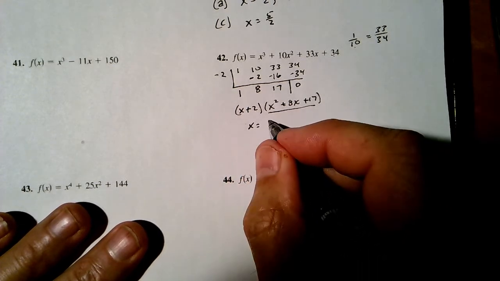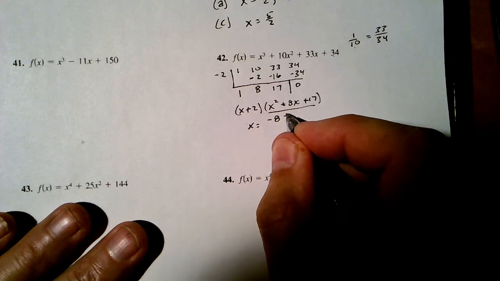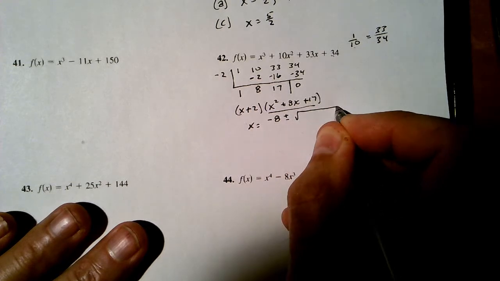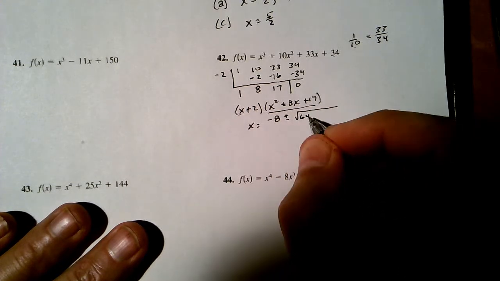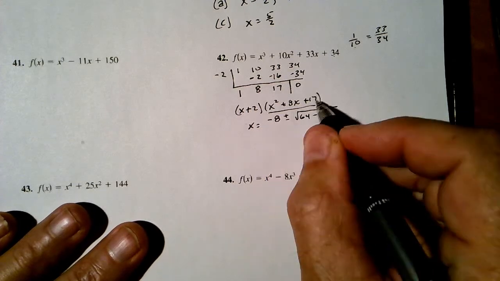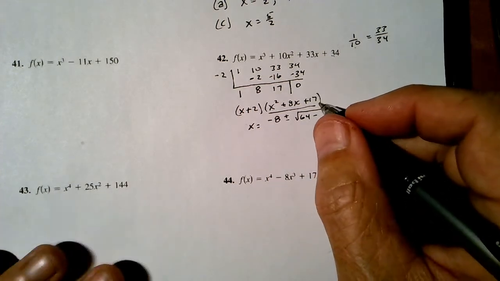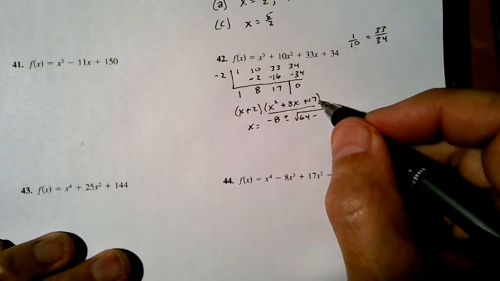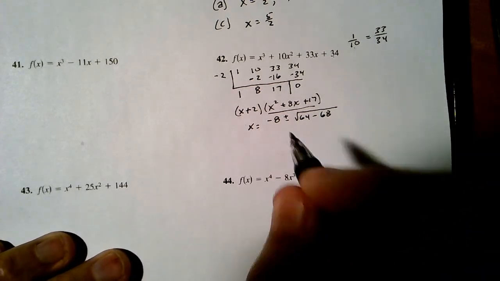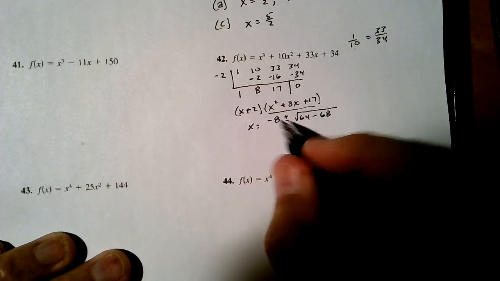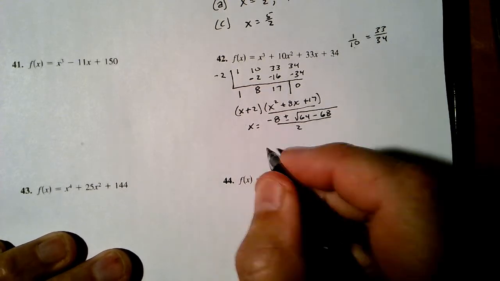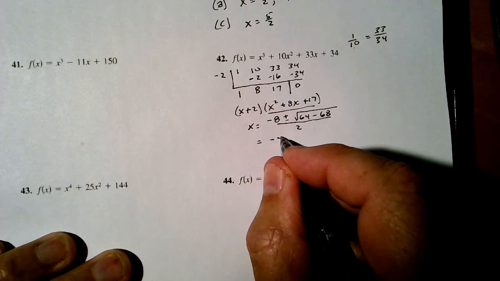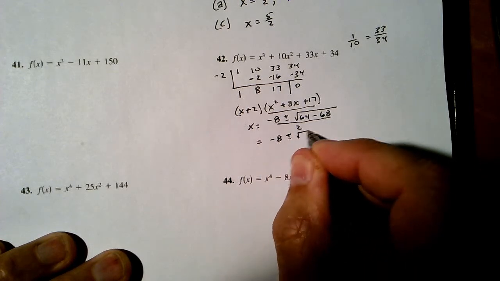X equals the opposite of b plus or minus square root of b squared, that's 64, minus 4 times 1 times 17, that's 68, all over 2 times a, all over 2. That is -8 plus or minus square root of -4.